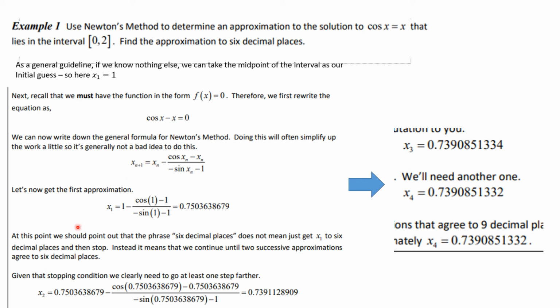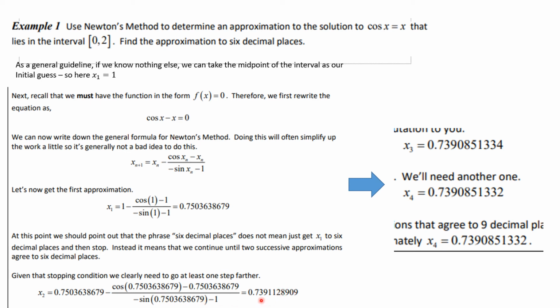So this is our recursion formula. I'm going to plug in 1, and here's another mistake: that really should say x_0. But anyway, when I plug in 1, I get this value. Then I take this value and plug it into the recursion formula again to get my next value. These, of course, are radians that we're plugging in.